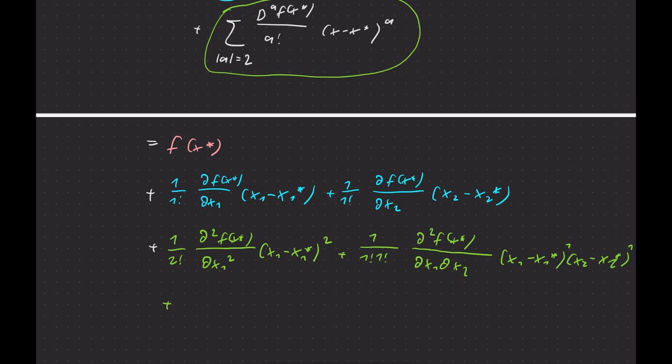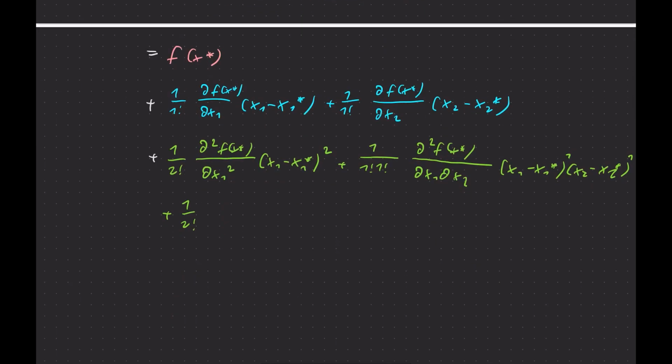And the last case, the vector (0, 2). So that's 1 over 2 factorial again, d squared f over dx2 squared at x star times x2 minus x2 star squared. Okay, so that's exactly what happens in general for any function f.